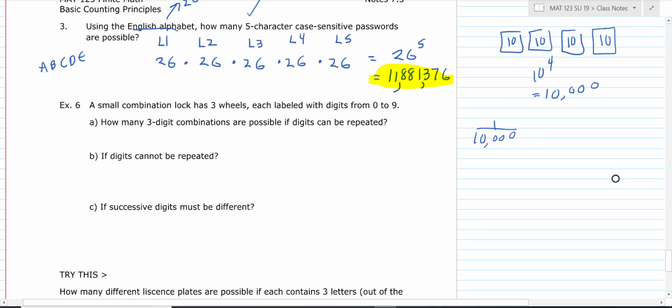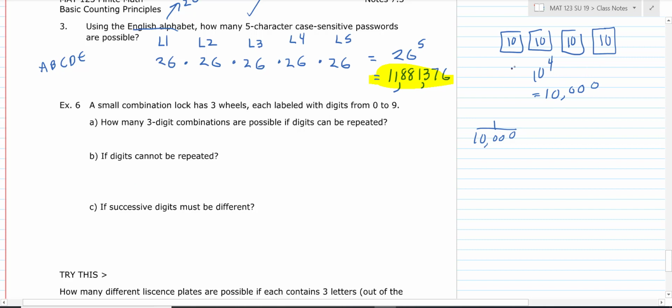Okay, so let's move on to this last example. This one says a small combination lock has 3 wheels, each labeled with digits 0 to 9. The first question is how many 3-digit combinations are possible if the digits can be repeated.